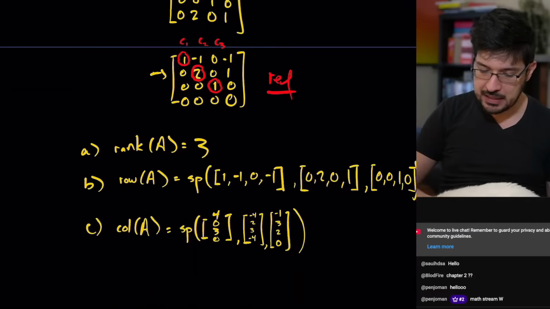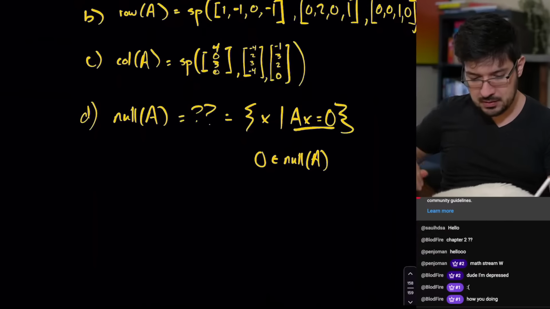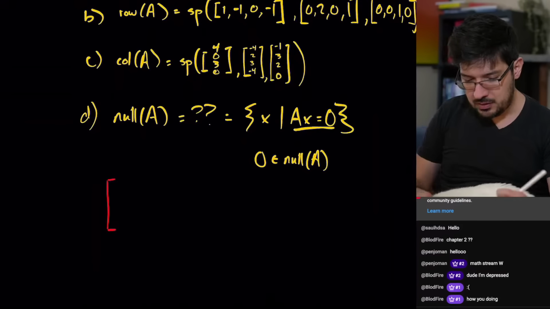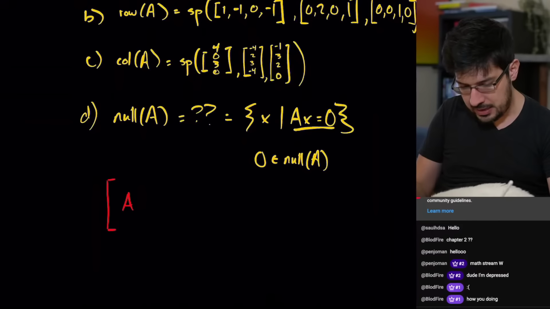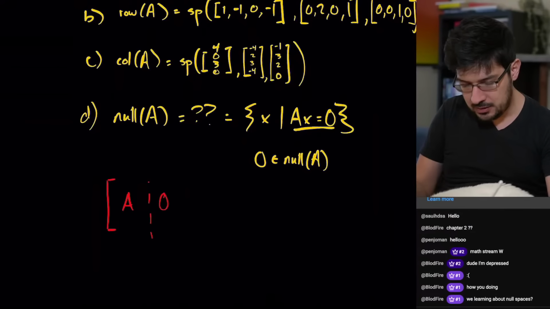So, taking the initial matrix A, if we're solving the linear equation Ax equals 0, then we can do these row operations until we get to some reduced echelon form of A. Any multiplication and subtraction of the right-hand side is still going to be 0 on the right-hand side, right?